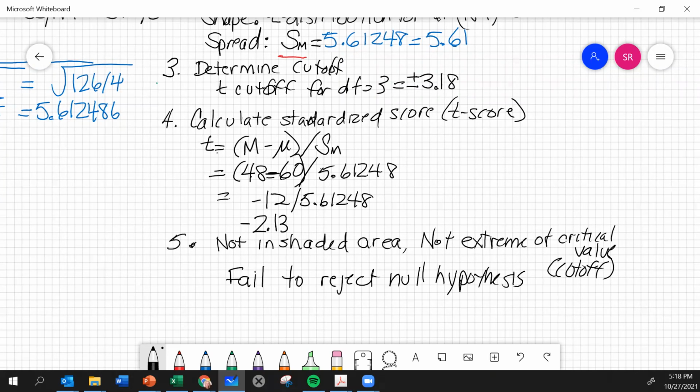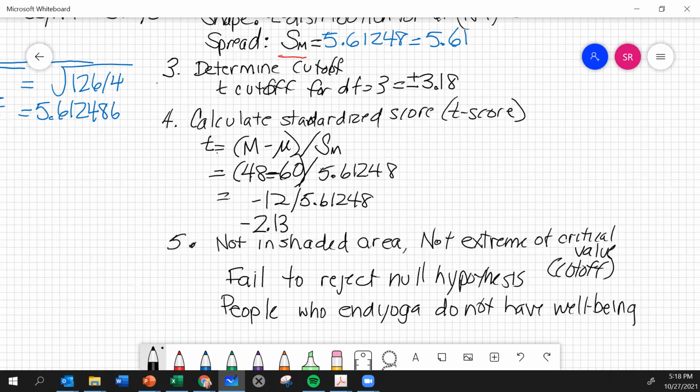And we conclude that people who just end yoga do not have well-being scores different from the population in general.